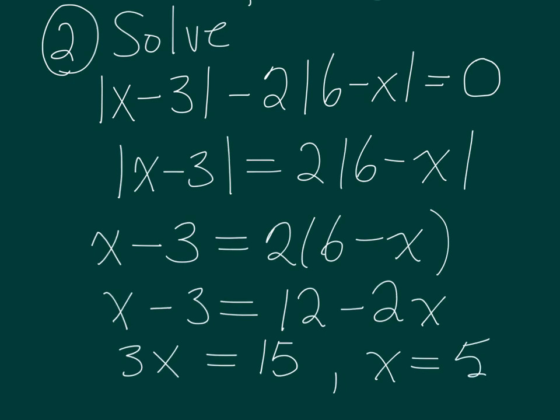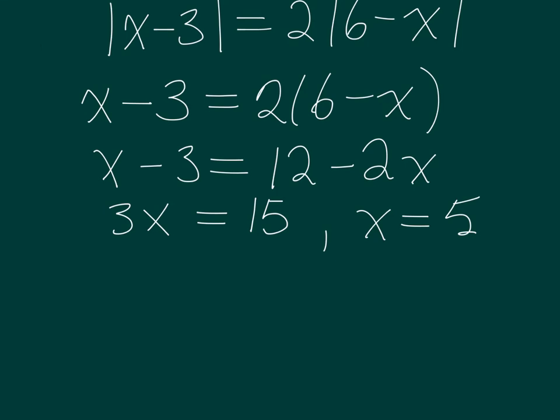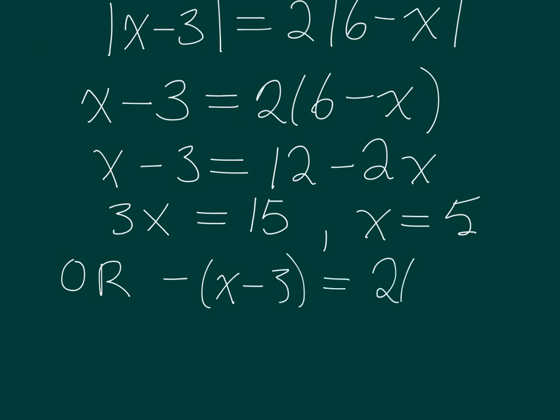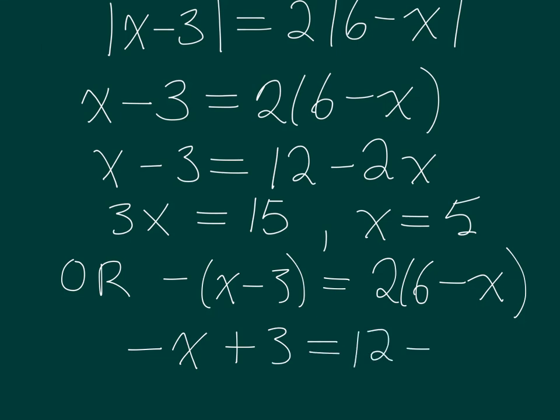Next, we'll consider the case where one is negative and the other is positive. So let's take the absolute value of x minus 3 to be negative x minus 3, and the absolute value of 6 minus x to be positive 6 minus x. Continuing, we get negative x plus 3 is equal to 12 minus 2x.